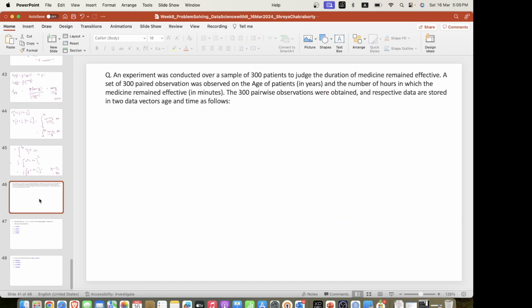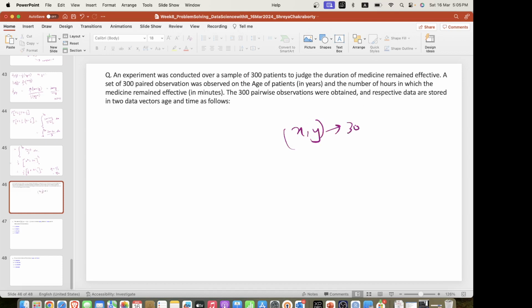Okay, so one experiment was conducted over a sample of 300 patients to judge the duration of medicine that remained effective, a set of n paired observations (x, y).